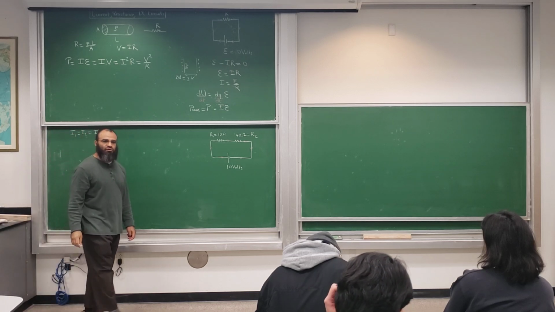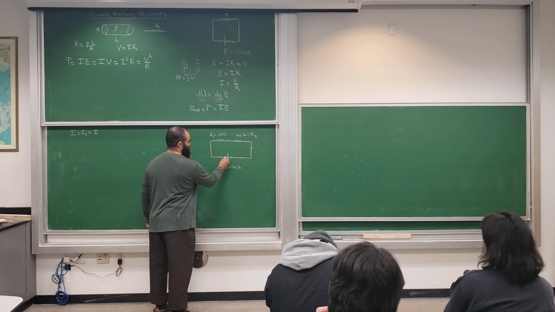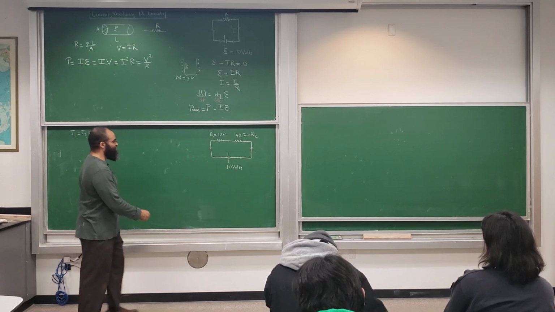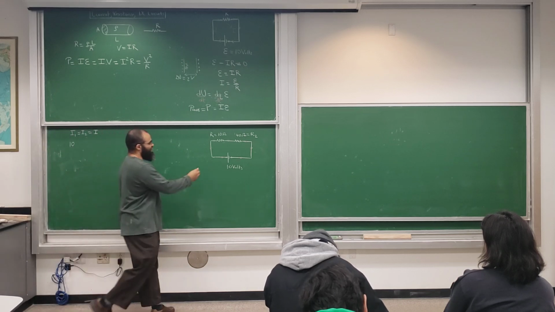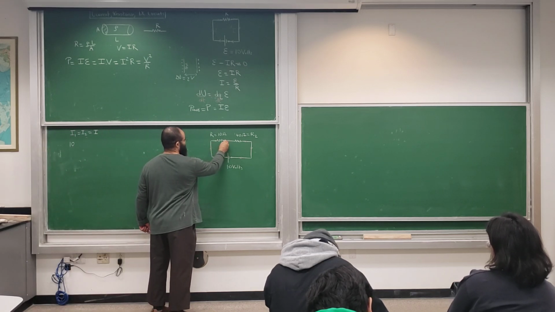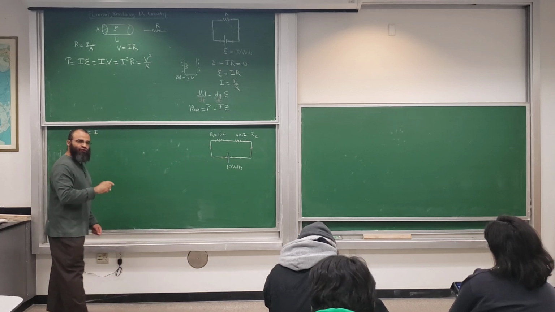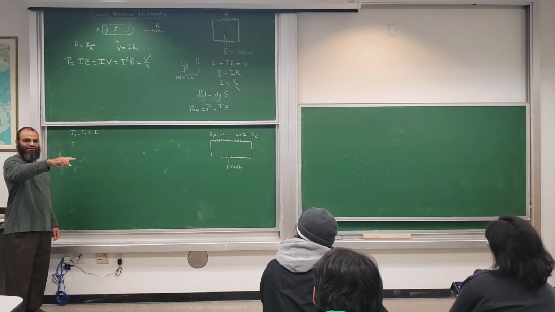Let's apply the loop rule. Start here, and then go here. What's the change from here to here? It'll be 10 volts. How about the change from here to here? Is it going to be a plus change or a minus change? Minus, because current flows from higher potential to lower potential.